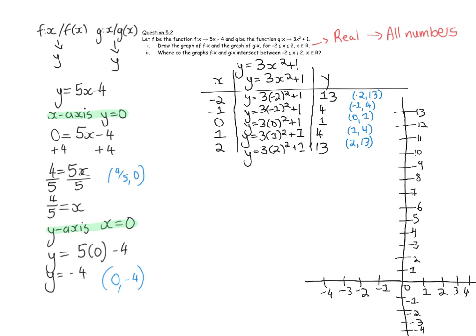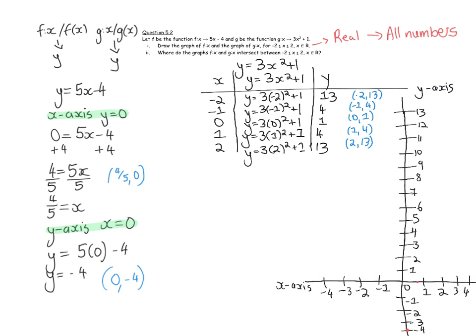Now, so that's our x and y axis. I'm going to plot the line first, so I might actually do the points in red. So the first one we have is 0, minus 4, so the first point will be down here. And the second point we have is 4 over 5, which is 0.80, so that's going to be approximately there.